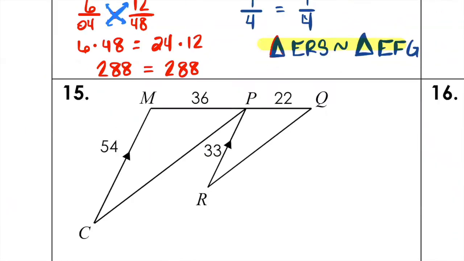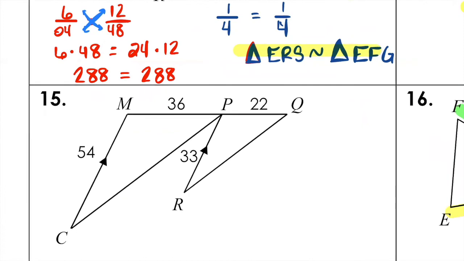So 15. They gave us parallel lines, which tells me I need to look for alternate interior or alternate exterior, or corresponding. Alternate interior is probably not going to help me very much. But what could help me? Corresponding. So I've got parallel lines cut by a transversal.